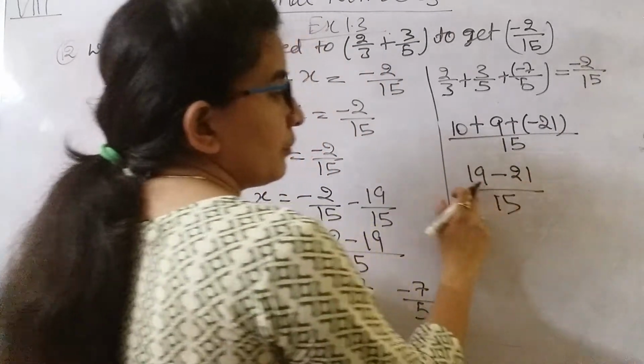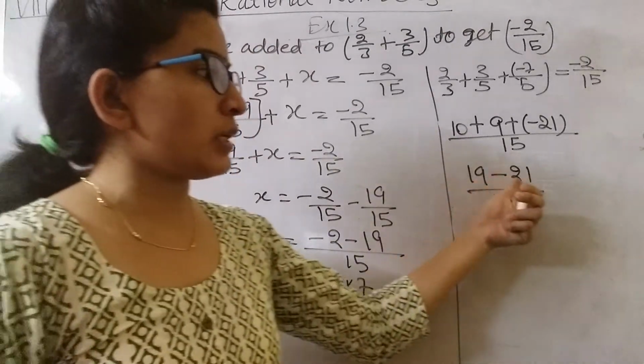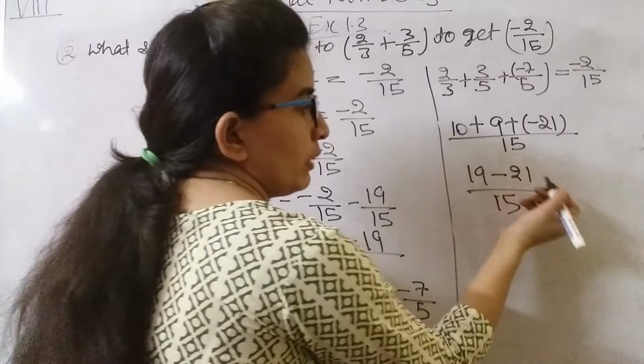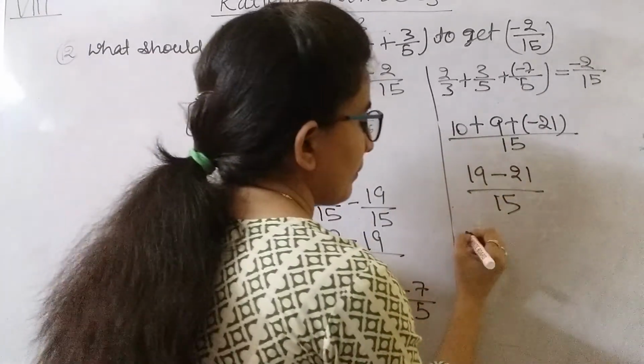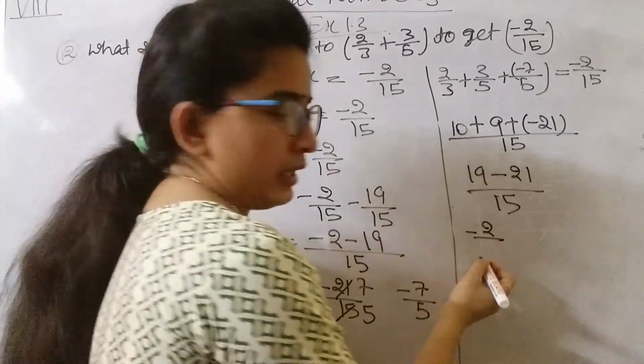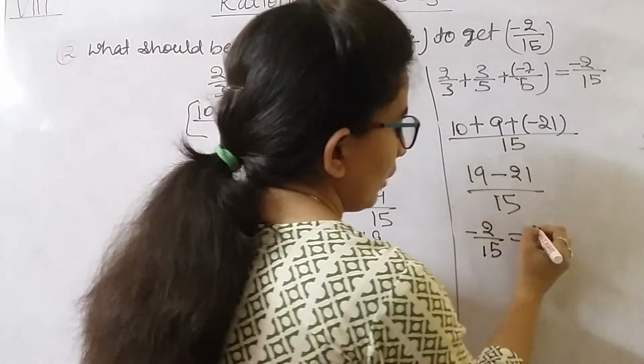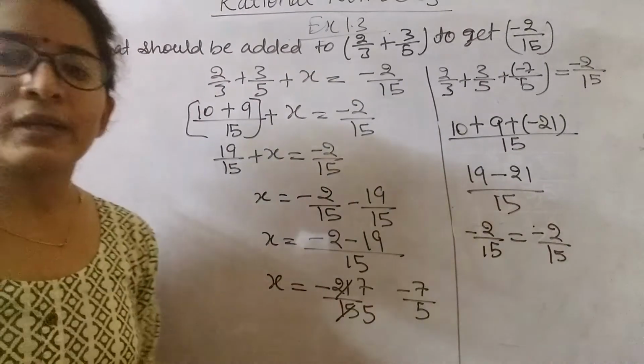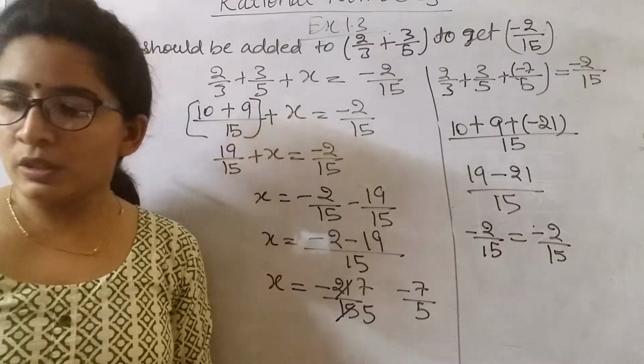Now we have one positive, one negative, so we subtract both the numbers. That will be 21 minus 19, that will be minus 2 upon 15, equals to the right hand side. So that is how we solve this question.